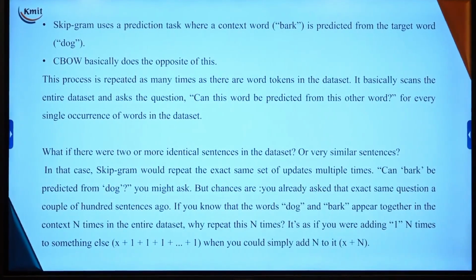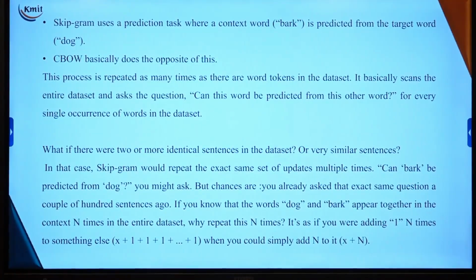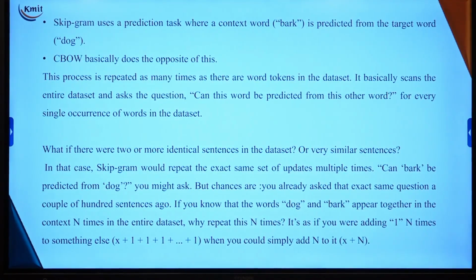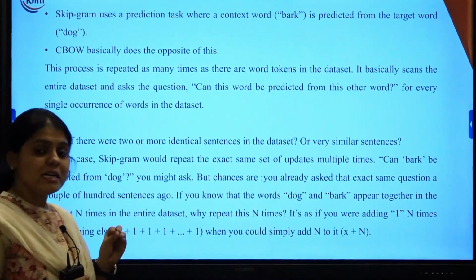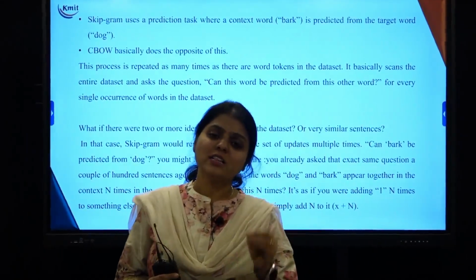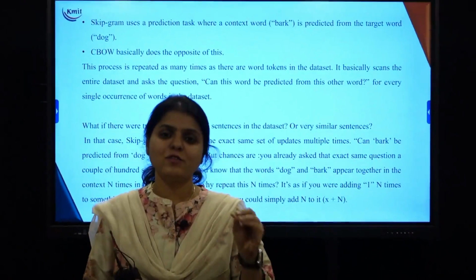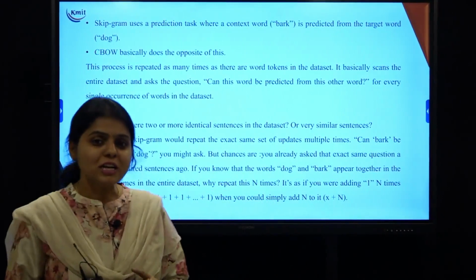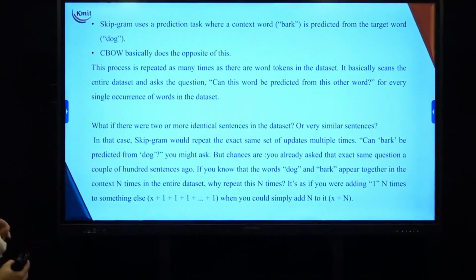Basically what skipgram does is it scans the entire data set and asks the question, can this word be predicted from this other word? For every single occurrence of the word, even if you have 10 words, for each and every word the same question will be asked if this word occurs in the data set. That is one limitation that we consider in the skipgram model.